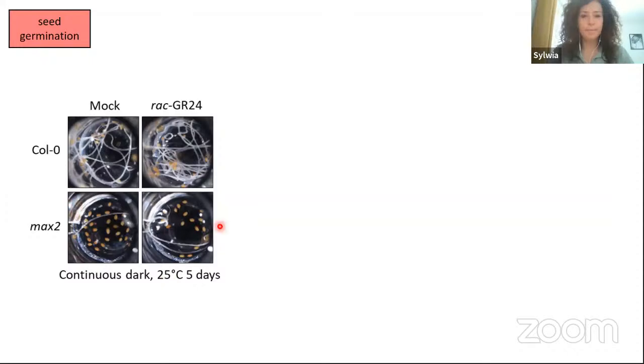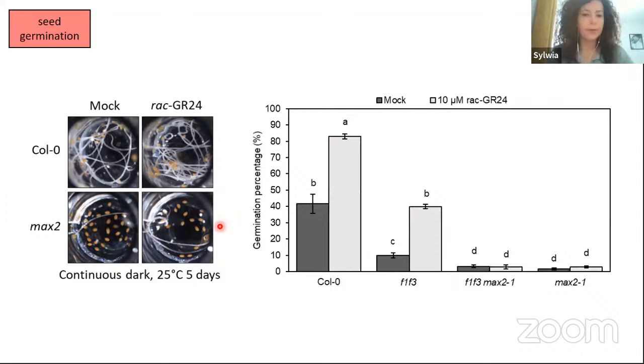Indeed, germination of Columbia in mock conditions was around 40%, and if GR24 was added to the buffer, it increased up to 80 or more. MAX2 showed almost no germination, and the triple mutant of F1, F3, MAX2 had the same phenotype.